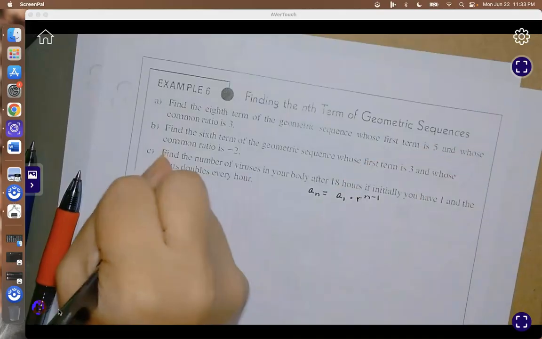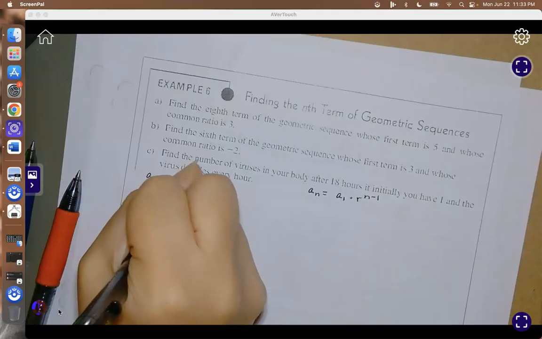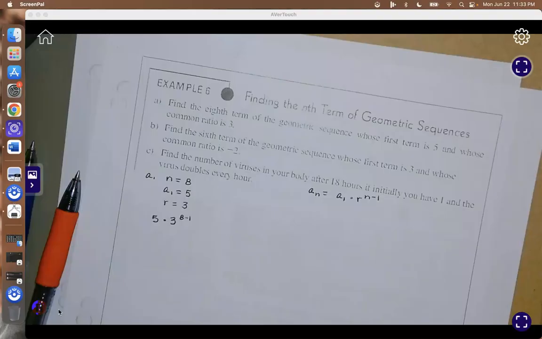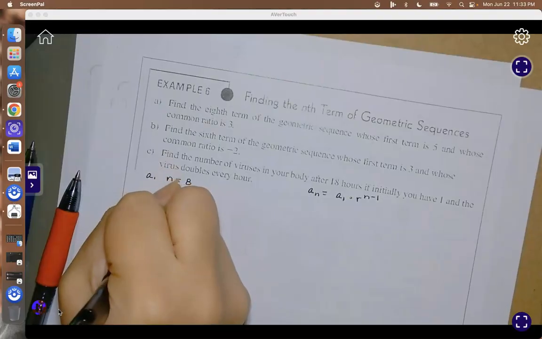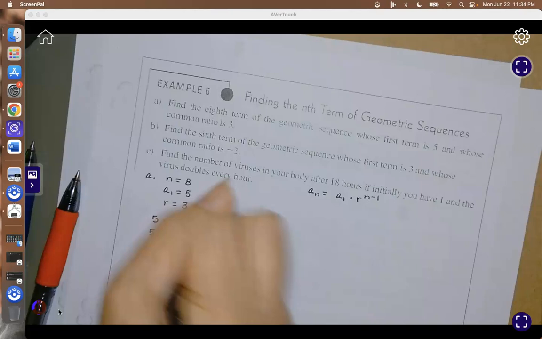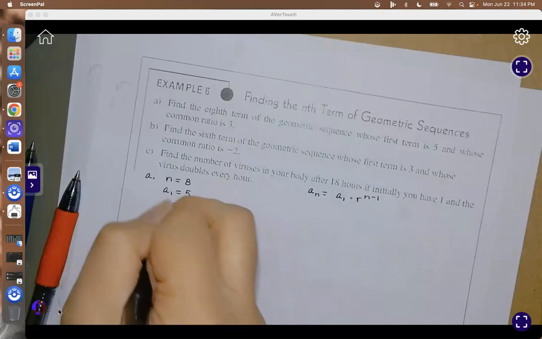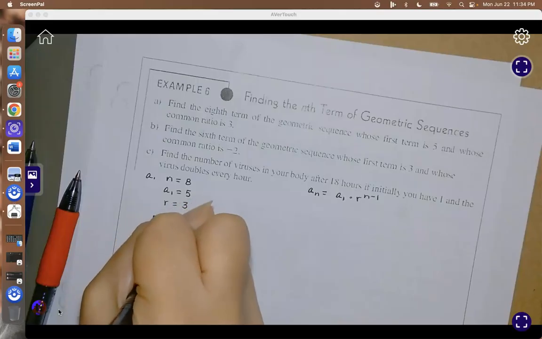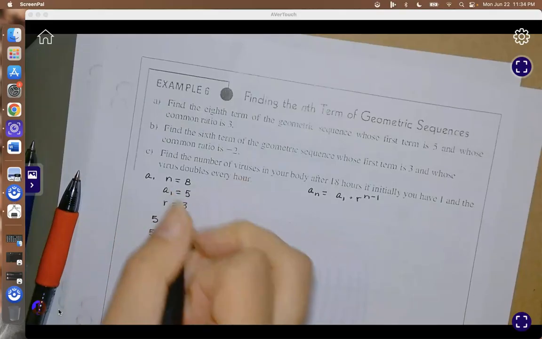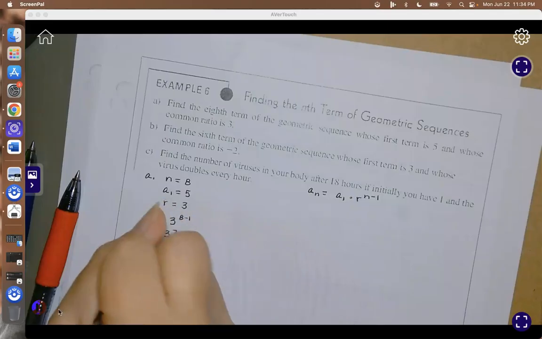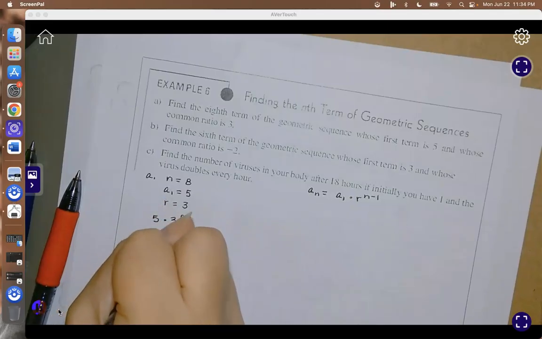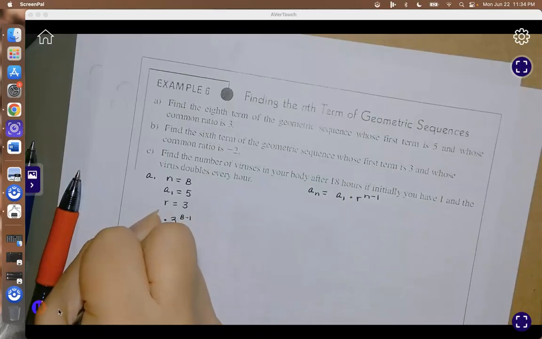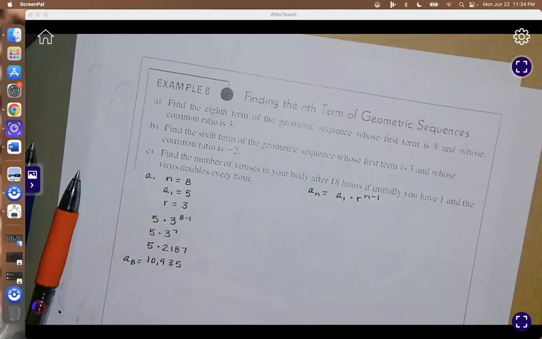Okay, so we have 5 times 3 to the 8 minus 1. 8 minus 1 is 7. You do exponents first. 3 to the 7th power is 2187. 5 times 2187 is 10,935. That would be your 8th term.